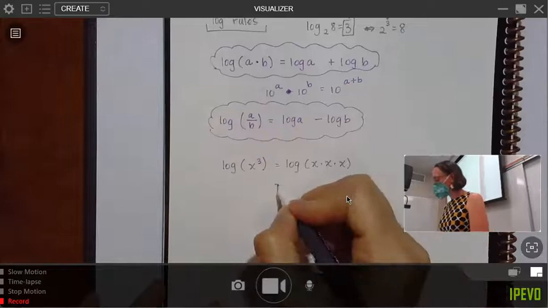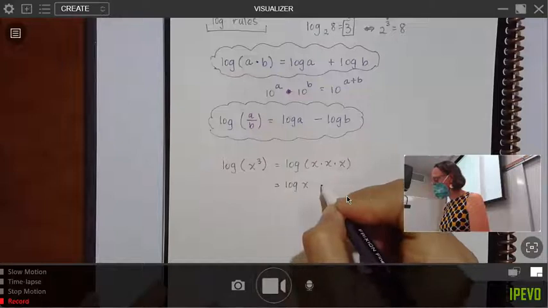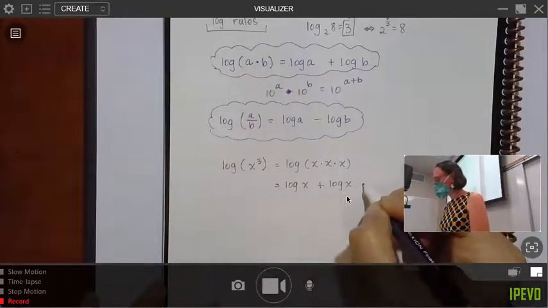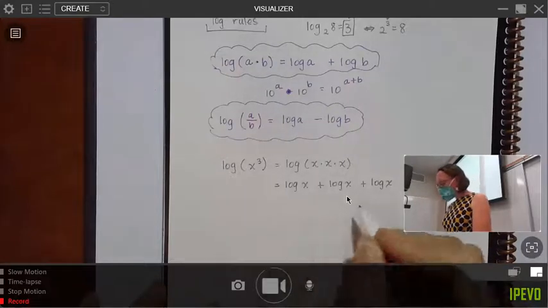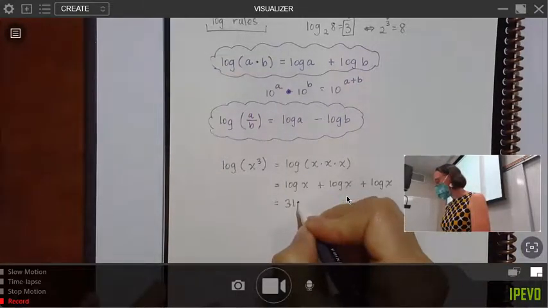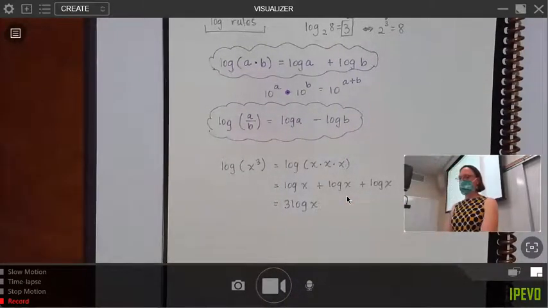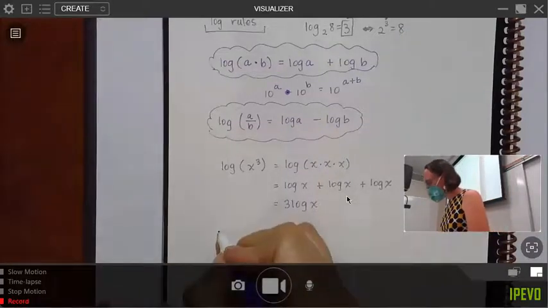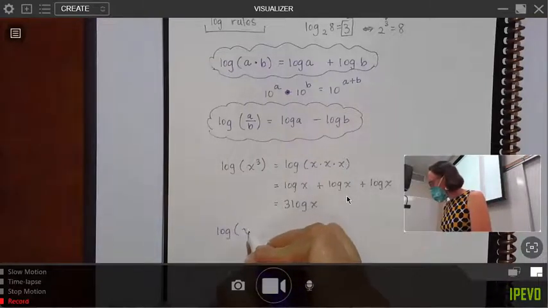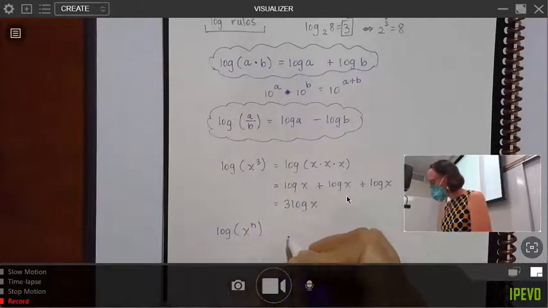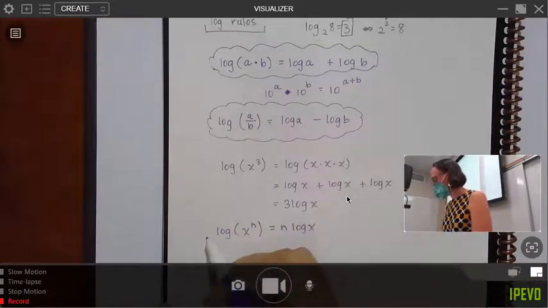And then we can exploit that first log rule to break that apart as addition and say log of x plus log of x plus log of x. And our shortcut way of writing that would be 3 log x. So as a general rule, if I have log of x to the n, this is equivalent to n times log x.